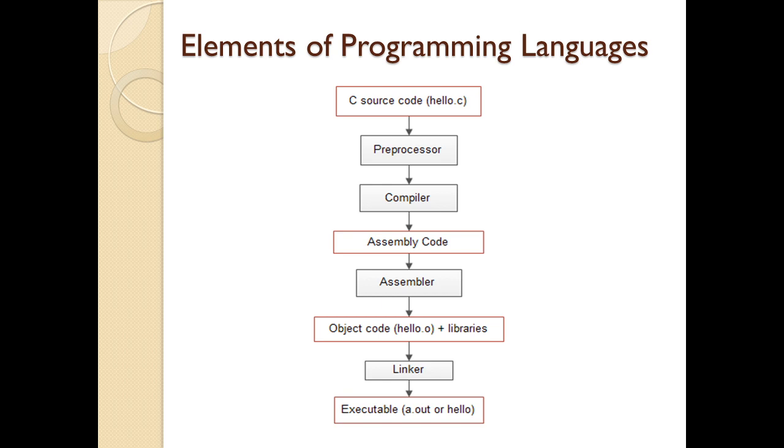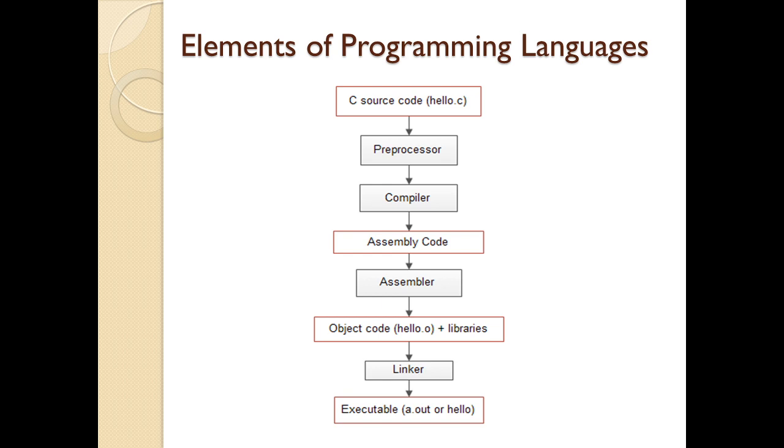This hello.c is a C source code file, which whenever the user wants to execute it, is first handled by the preprocessor. The preprocessor will send that file to the compiler. The compiler will send that file to the assembler. In between compiler and assembler, the original code is converted into assembly code.